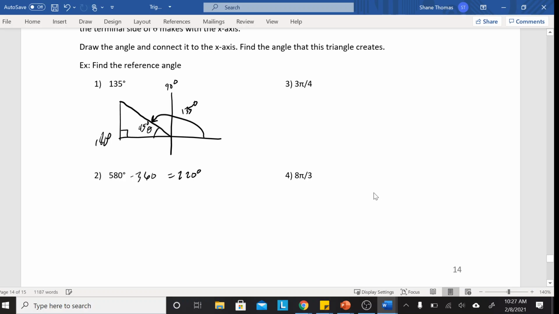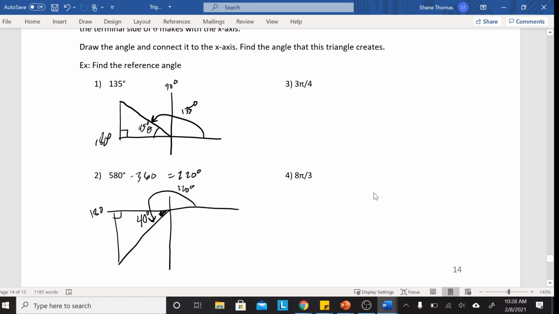Now 220 is going to be in quadrant 3, so it's all the way around here. Now I want to take it back to my x-axis. If this guy's 220, I need to take 220 minus 180, which is going to be 40 degrees. So now this angle here is 40 degrees. I can set up and go from there.